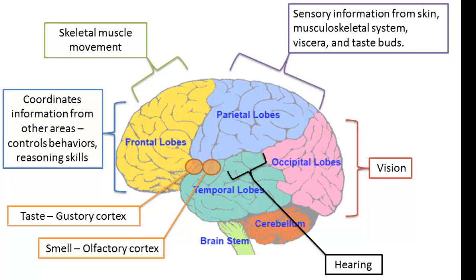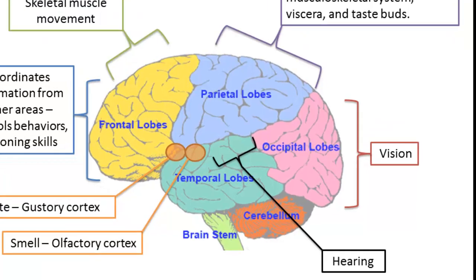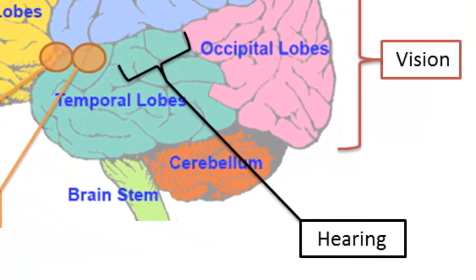Let me give you another example of an association area. So look at the temporal lobe where we have the auditory cortex, that part of the brain that interprets what we hear. So the auditory cortex determines loudness, softness, the pitch of what we hear, but the association area gives it meaning.